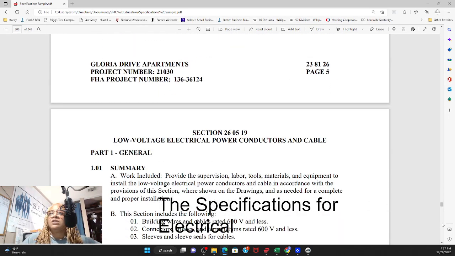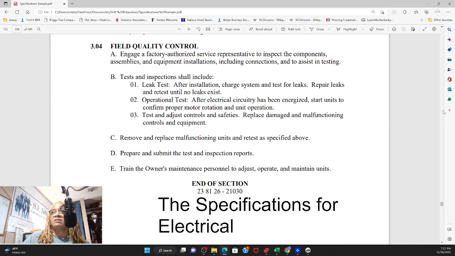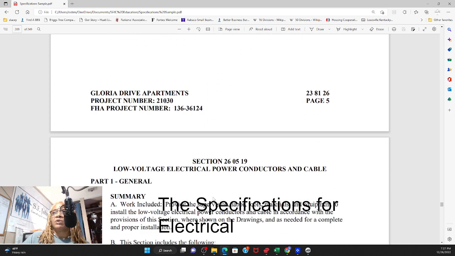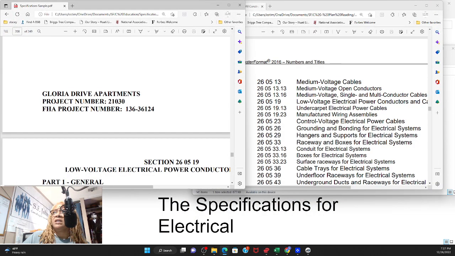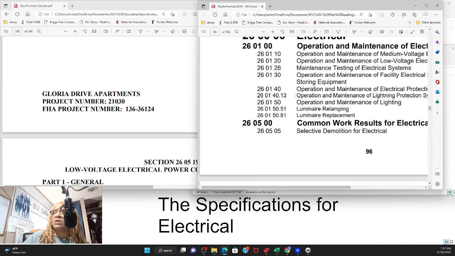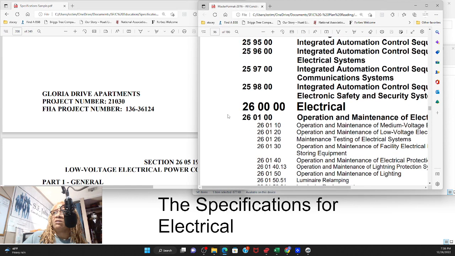Insulation. And as we know, if something is not in your project, then it won't be in your specifications. End of section 23, and now we're going right into 260519, which is the very first one related to this project. But it is not the very first one in our master format, 260110, right?